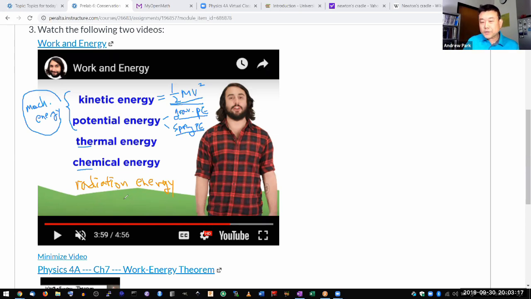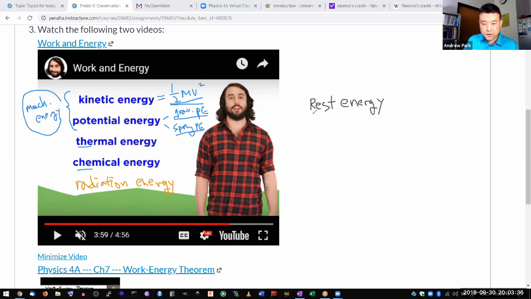And one particular form I love highlighting, because it's the form of energy that most people don't anticipate, is what we will call in physics 4C, rest energy.